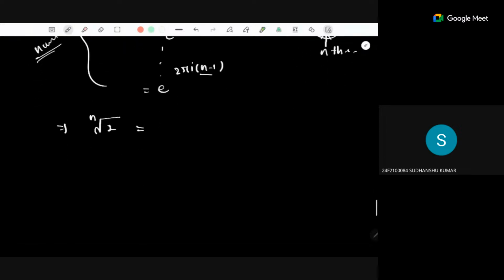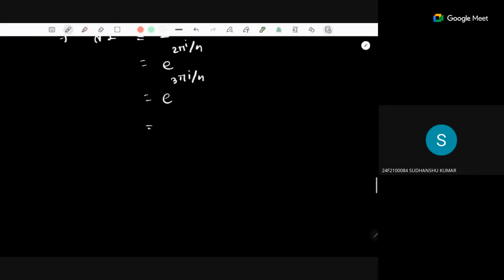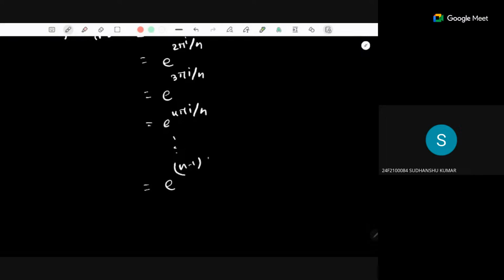So that means the nth root of unity can be written as: the first one will be 1, another one will be e to the power 2 pi iota by n, another will be e to the power 3 pi iota by n, and the next one will be e to the power 4 pi iota by n, and so on up to e to the power n minus 1 pi iota by n.